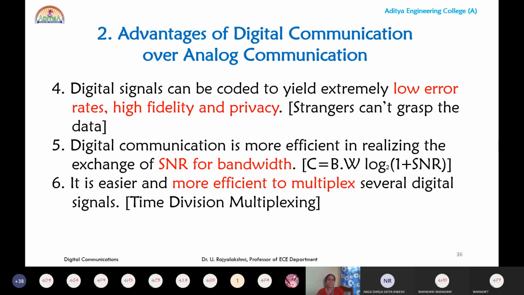For example, 10 kilohertz to 20 kilohertz. Similarly, if you take AM broadcasting, the range is from 540 to 1650. If you separate, the maximum frequency is 5 kilohertz. So what will the bandwidth be? 10.